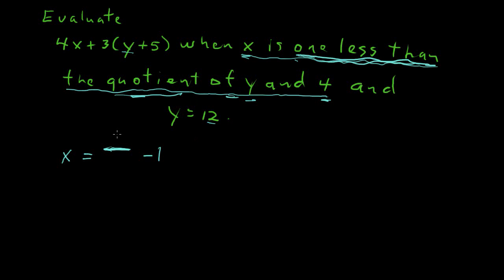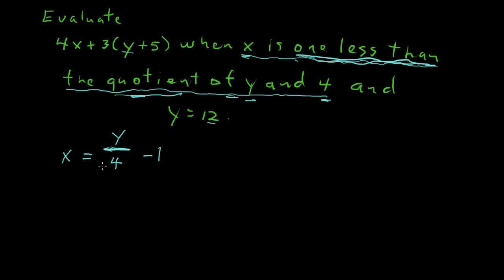Y is mentioned first, so that goes up on the top, and 4 is mentioned second, so that goes down here on the bottom. And I think I've done the translation. So let's see what we have: x equals y divided by 4, subtract 1.